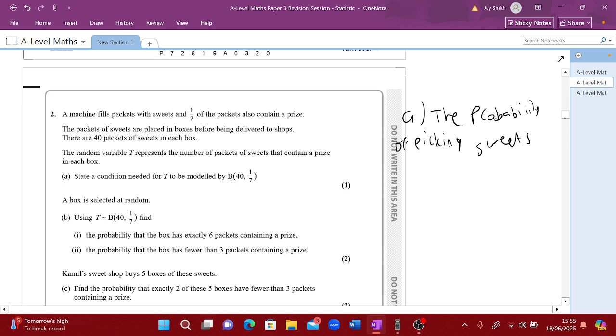The probability of picking a sweet with a prize is always a seventh because it's random.